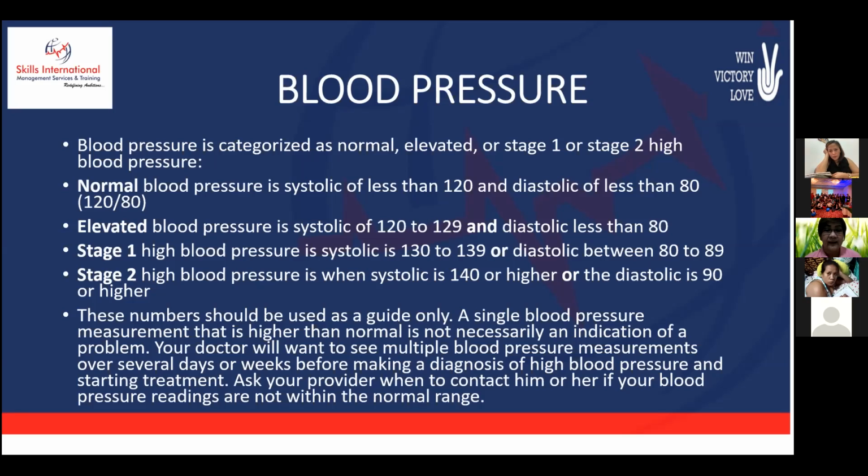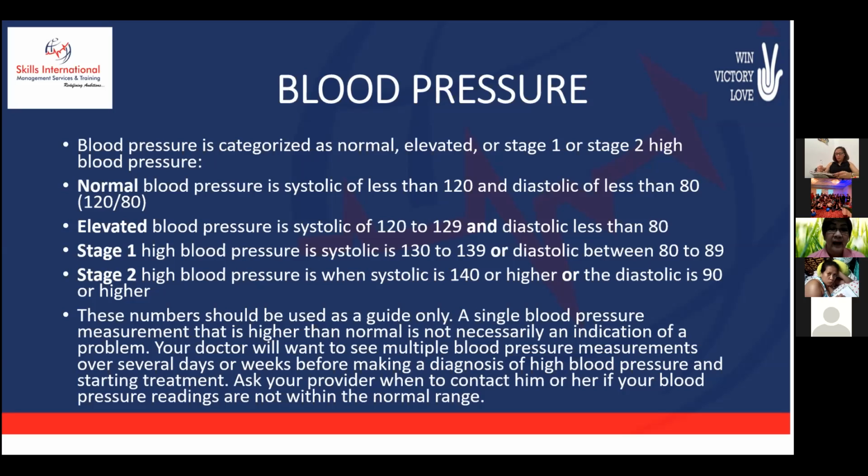Yung stage 1 high blood pressure is systolic 130 to 139 or diastolic of between 80 to 89. Stage 2 high blood pressure is when systolic is 140 or higher or the diastolic is 90 or higher. So itong mga elevated na to, yung stage 1, stage 2, nakikita natin, nakukompare yung ating mga blood pressure result.